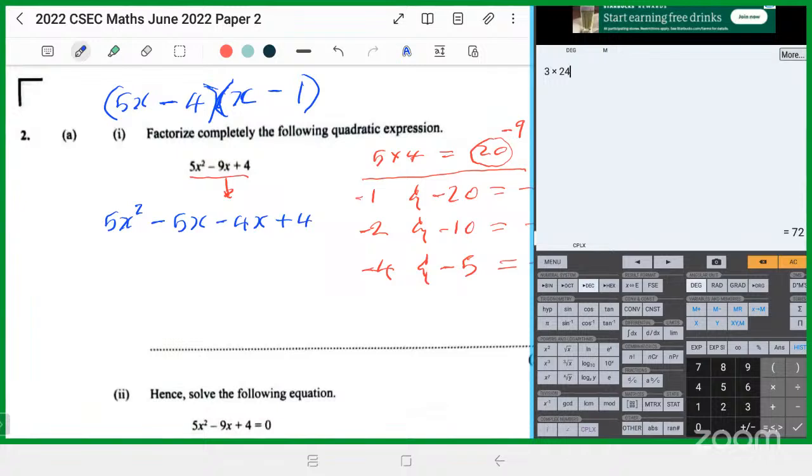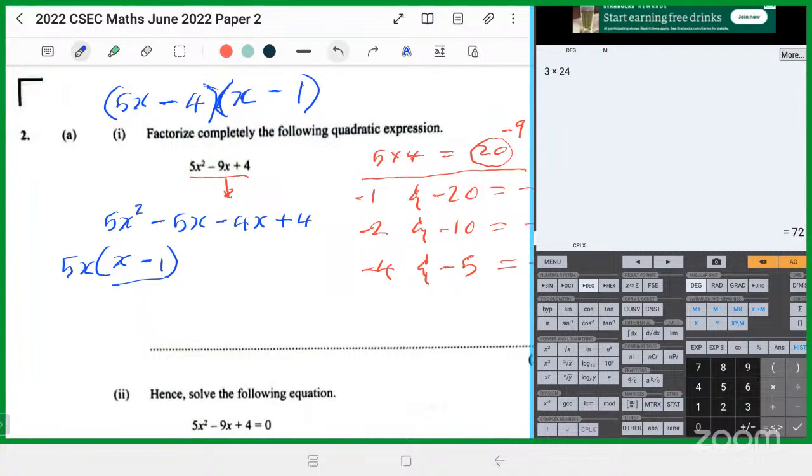So the matter now is factorizing the first 2 terms and factorizing the second 2 terms. What is the highest common factor in those 2 terms? That's 5x. I'm going to factorize the 5x out of this, leaving x, and 5x out of this, leaving negative 1. Now remember, when you factorize by parts like this, you must have the same thing in the bracket here and there.